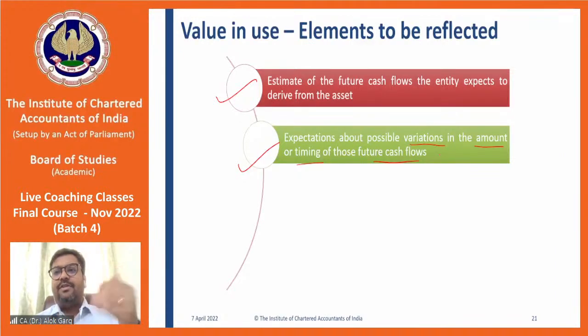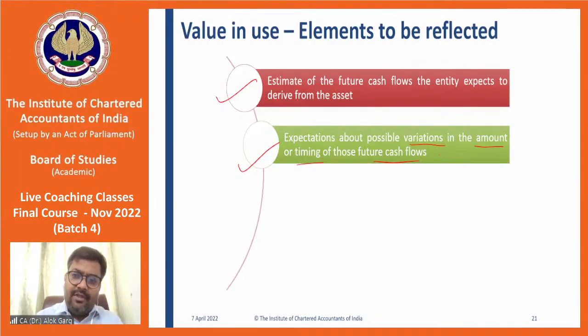So at the end of the first year, second year, third year, you have to project very carefully what will be my cash flow at different points of time, right? So expectation about possible variations in the amount or timing of those future cash flows, you have to take into consideration, right? For example, if the asset is new, of course, in the initial 2-3 years, the asset will have a very good output.